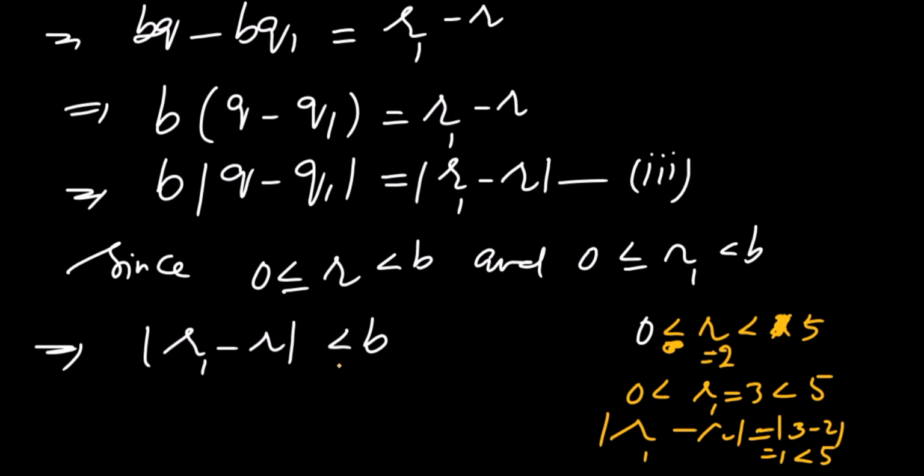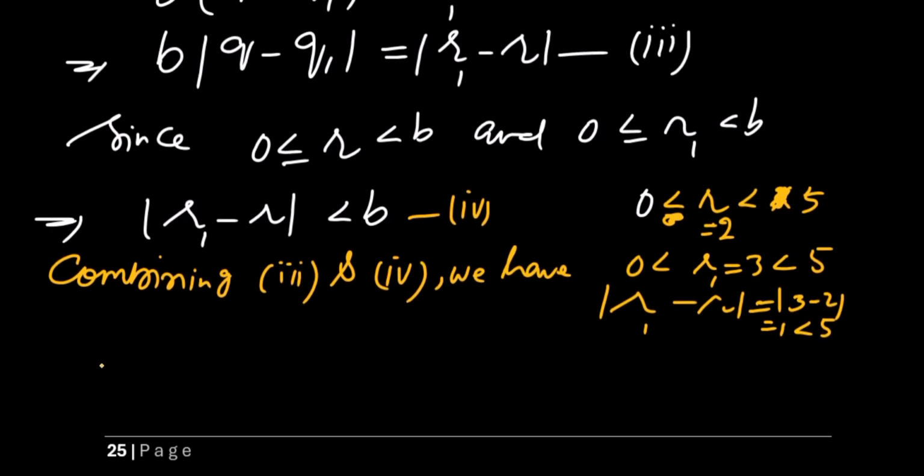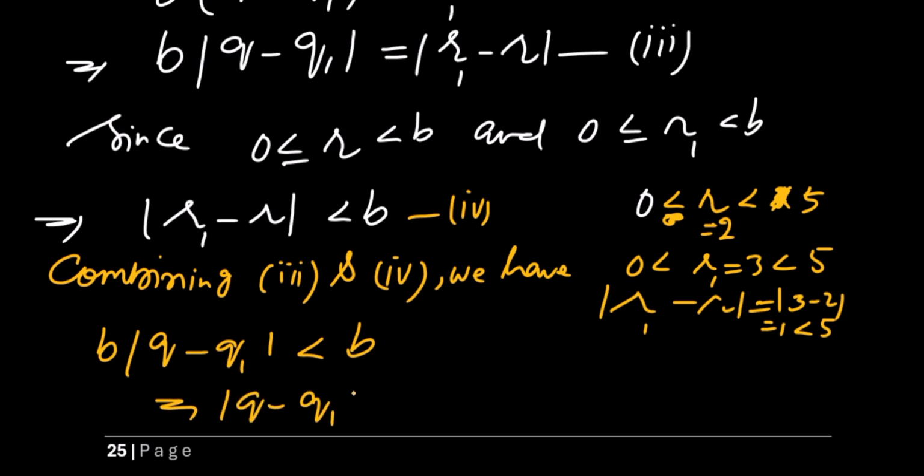Combining 3 and 4, we have B into absolute Q minus Q1 is less than B. This implies absolute Q minus Q1 is less than 1.